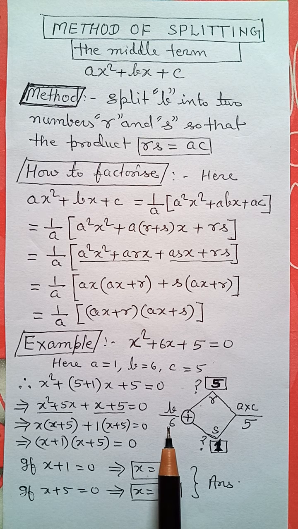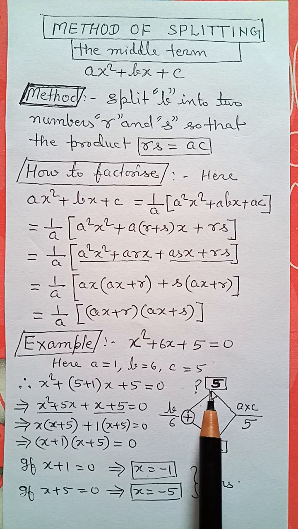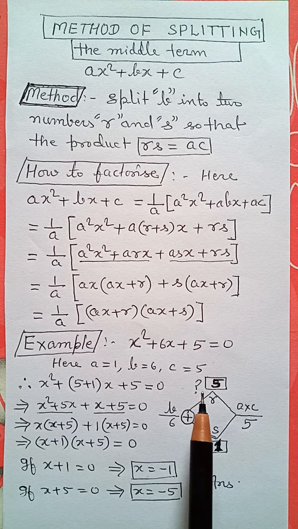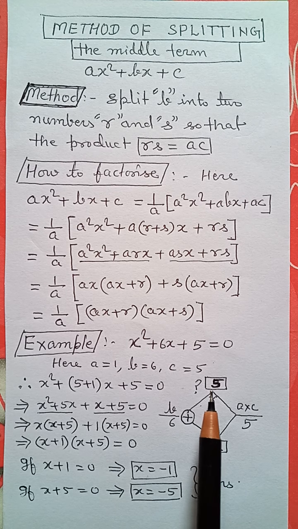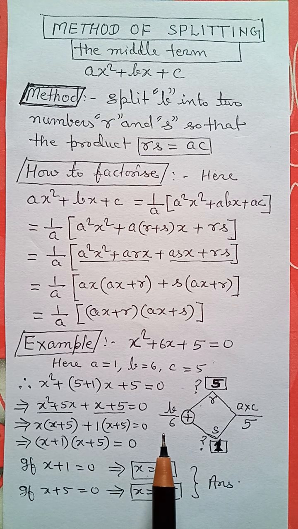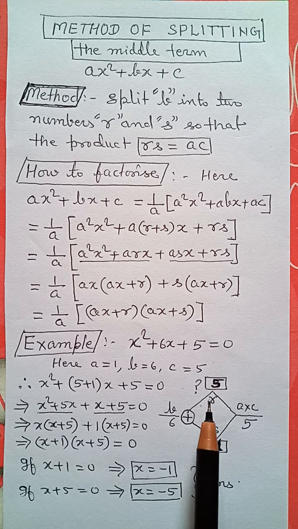Now, for 6, take two numbers 5 and 1. 5 plus 1 is 6 and 5 multiplied by 1 is 5. Therefore, these two numbers will work and hence we split 6 into 5 and 1.